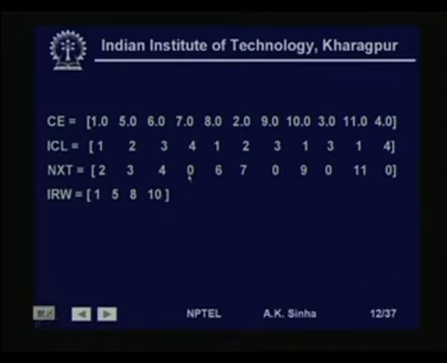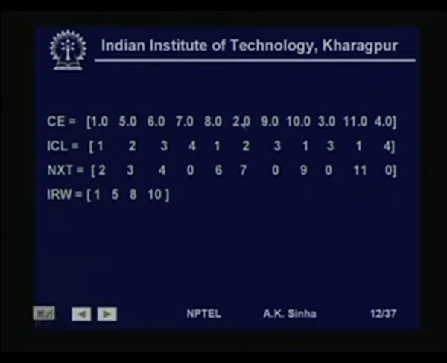So, this row ends. Now, again if you look at the second row starting, we have 8 in column number 1, and what is the next element to this? The next element is in position number 6. So, we are putting 6 here, and the next element in position number 6 is 2, for the same row, and again for this, what is the next element?